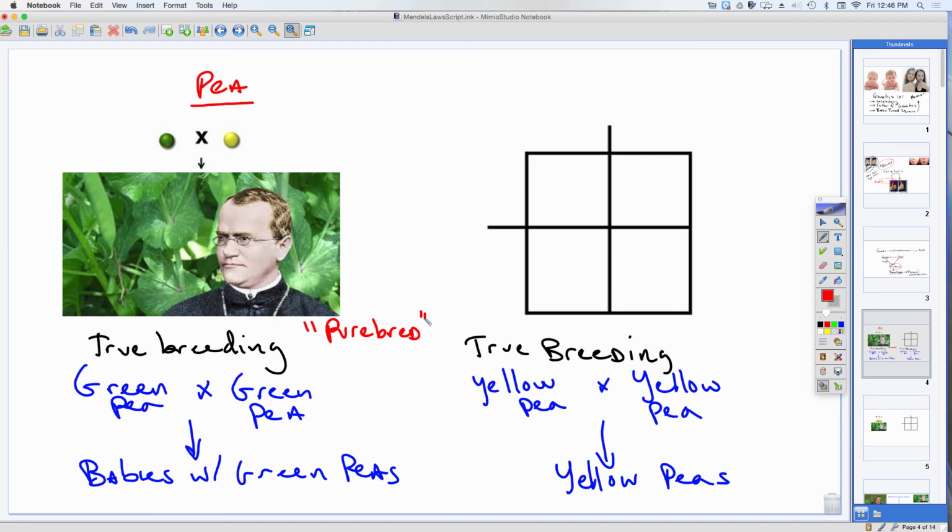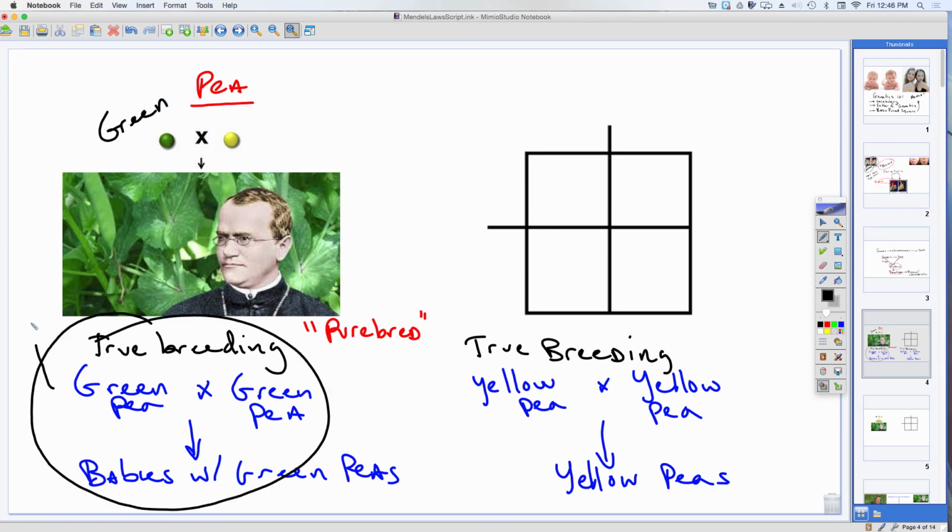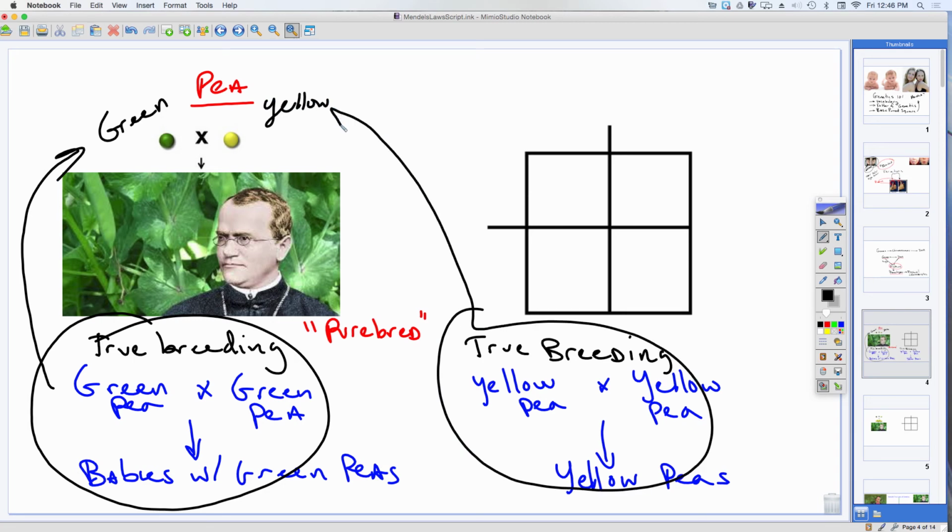And he asked the question, hey, what happens if I were to take one of my green true breeding plants, so one of these guys, and I were to breed it with a yellow true breeding plant?